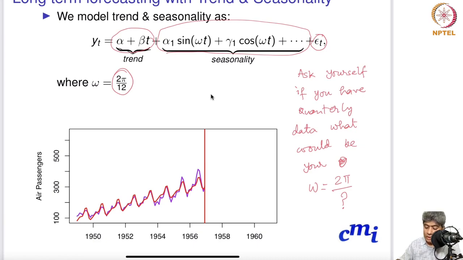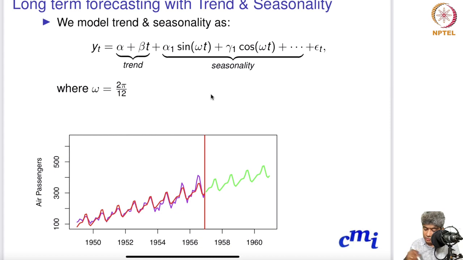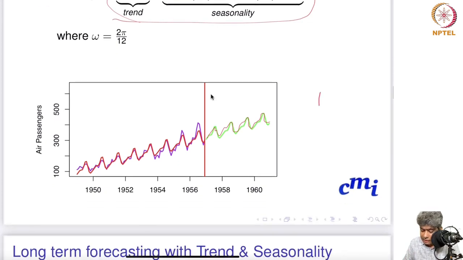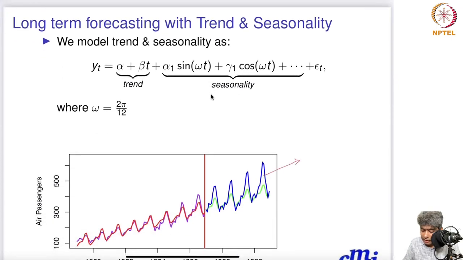All right, next. If you fit this model and forecast, this green part is the forecast, and on top of that, the blue one is the actual data.